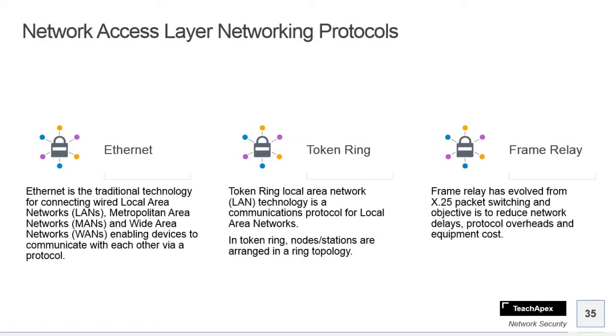Then next we have network access layer networking protocols. These are Ethernet, token ring, and frame relay. First let's talk about Ethernet. It's a technology used in wired local area networks, metropolitan area networks, and wide area networks, enabling devices to communicate with each other via protocol.